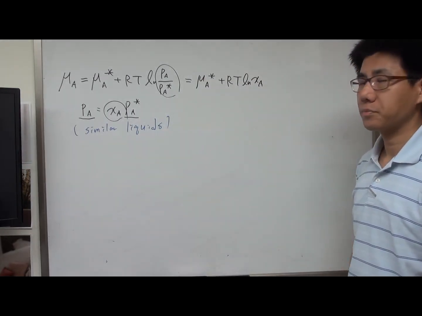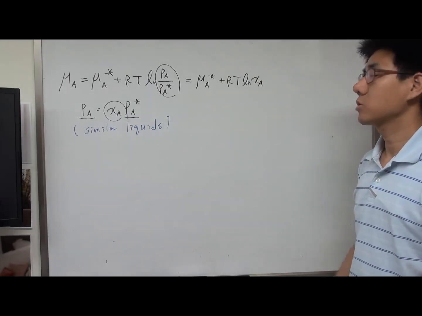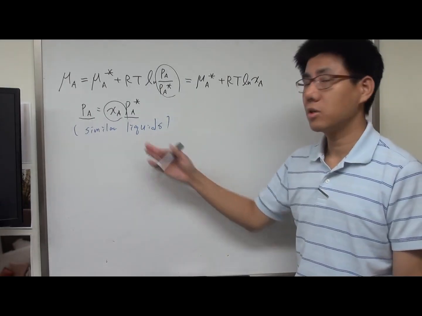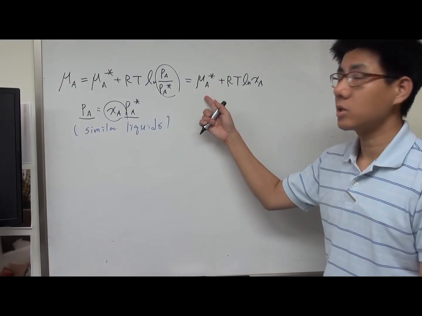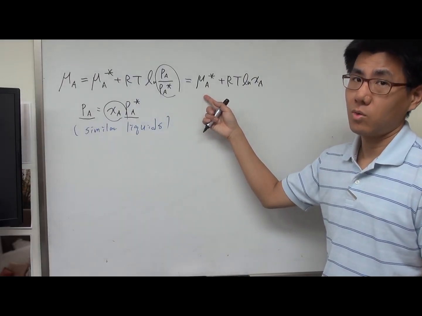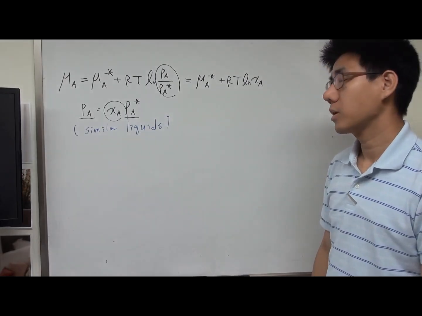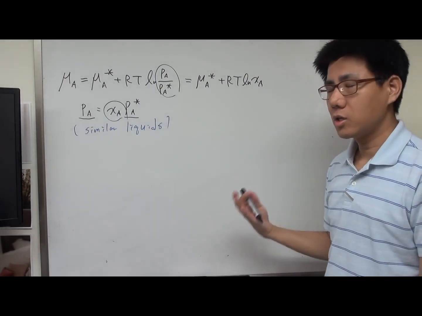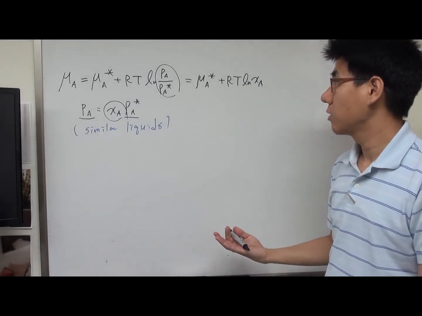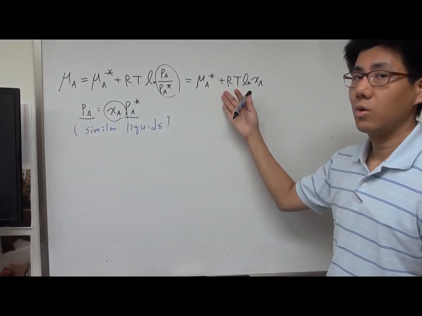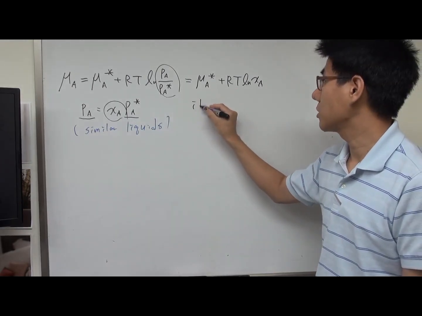Simple, right? So some mixtures with similar chemical structures follow this law, and this law is called Raoult's law. Okay, and liquid mixtures, basically solutions, following this law are called ideal solutions.